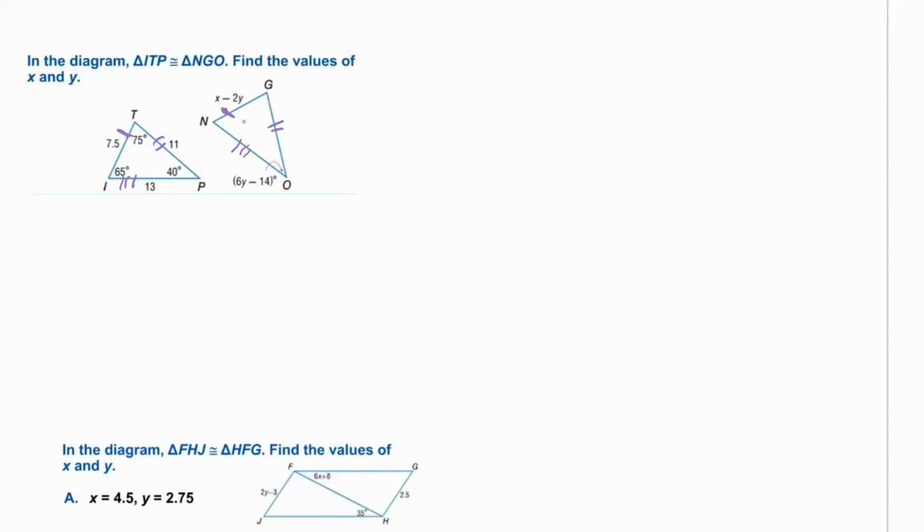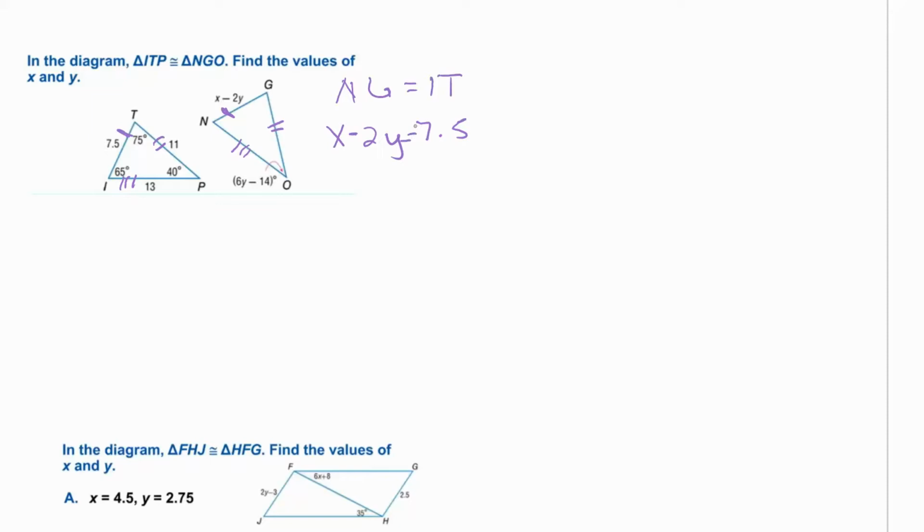So here, NG has to be equal to IT. So x minus 2y equals 7.5.